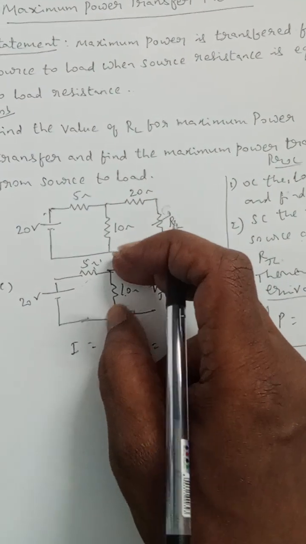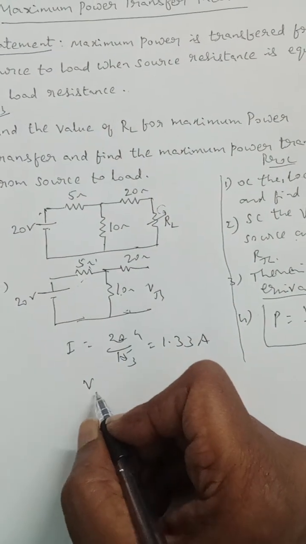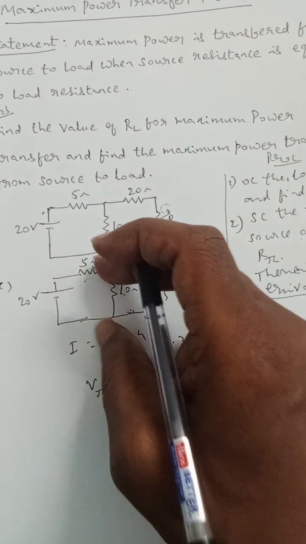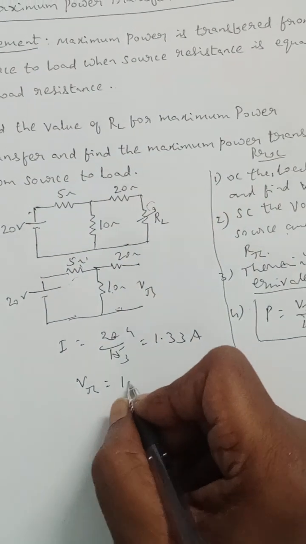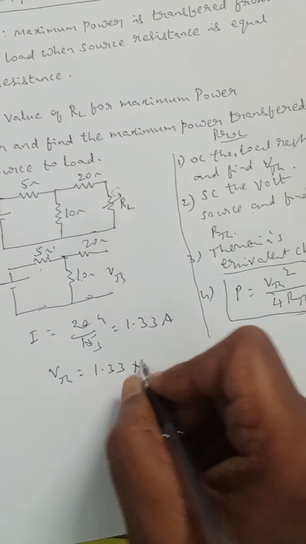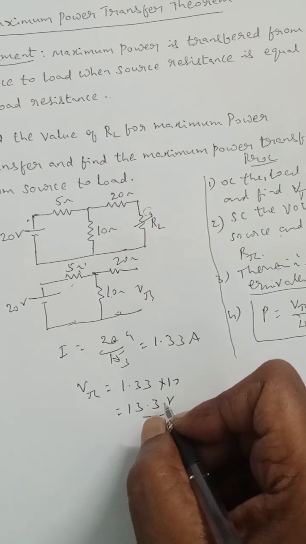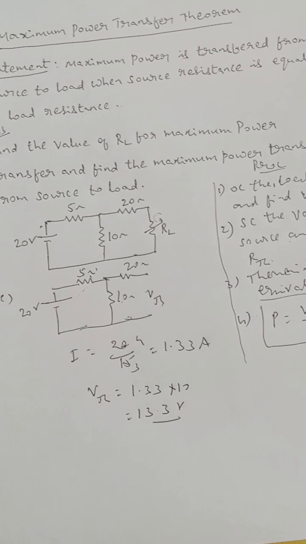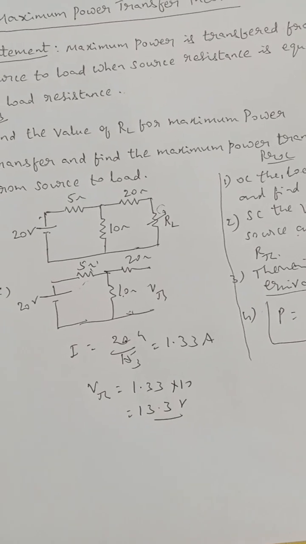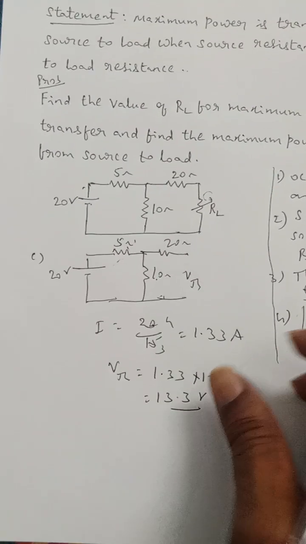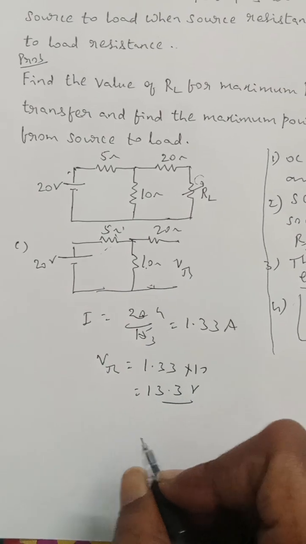So the voltage across the 10 ohm resistor, V Thevenin's is the voltage across the 10 ohm resistor, that is 1.33 into 10, 13.3 volts. 13.3 volts.